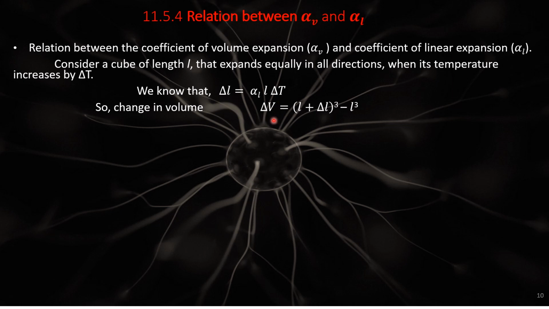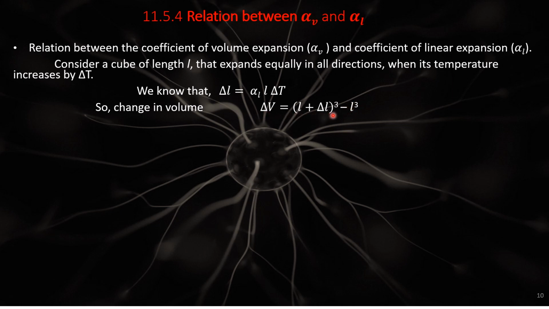Now if we take the volume, and there is a change in length in all three directions, then the length increases in all three directions, that is L plus delta L, whole cube. L plus delta L whole cube minus the original volume L cube is the change in volume.